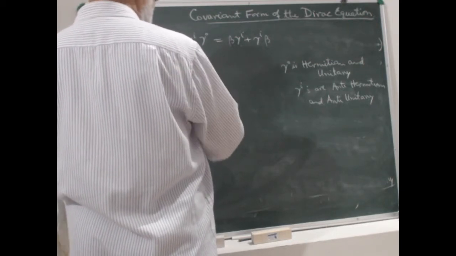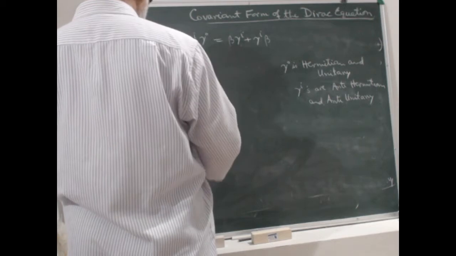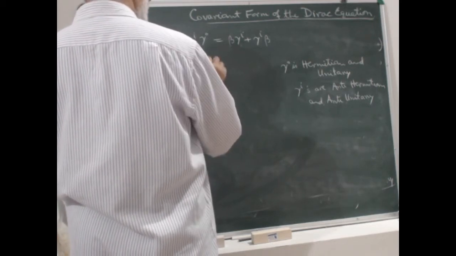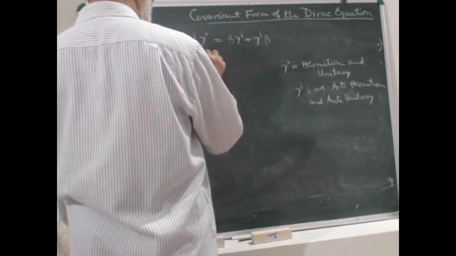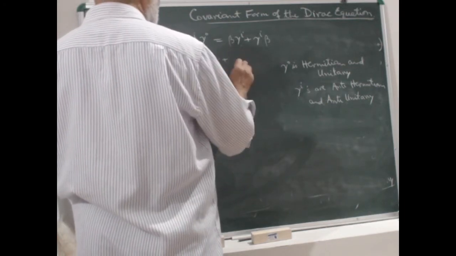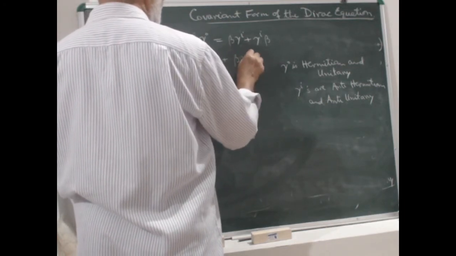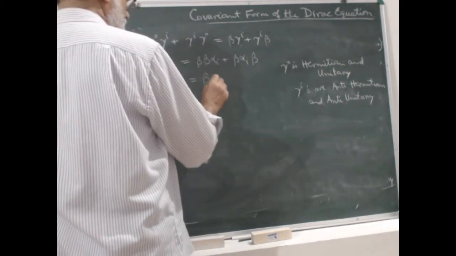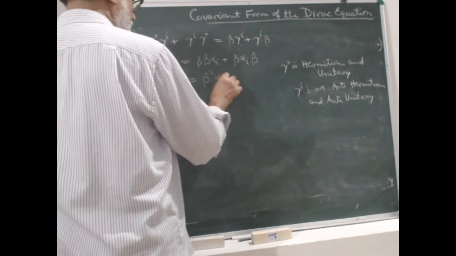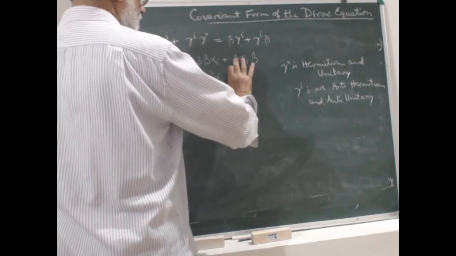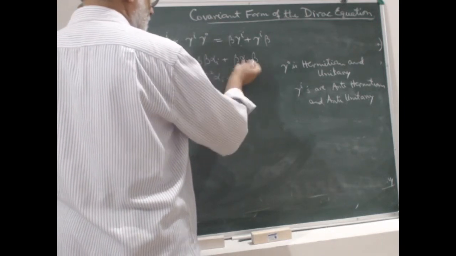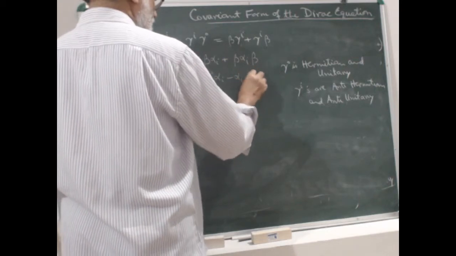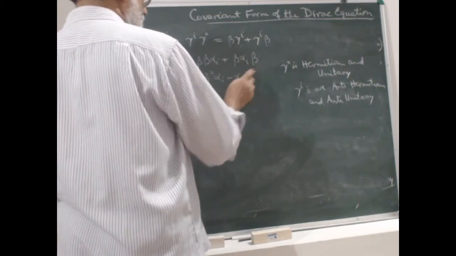And gamma I can be written as beta alpha I, so it is beta square alpha I. If you permute this, we'll get the negative sign here, so it will be alpha I beta square, and beta square is 1.